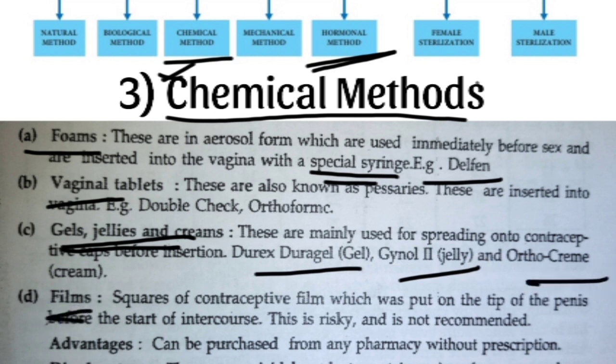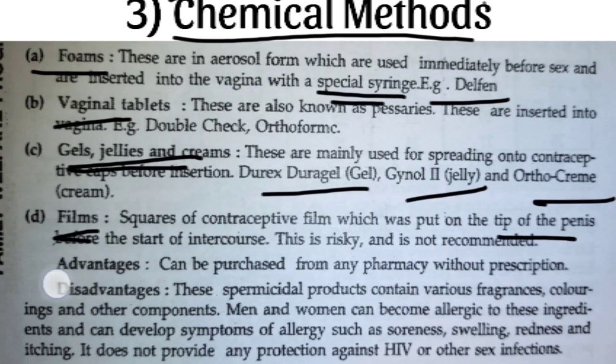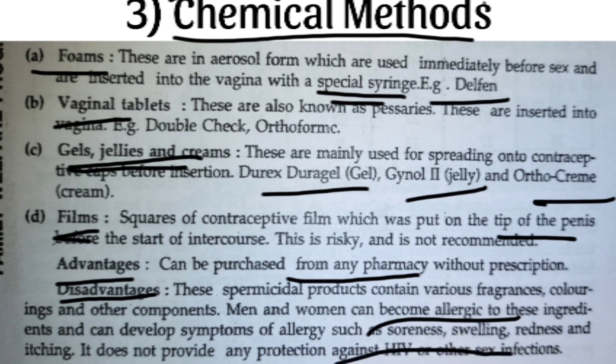These films are paper-like structures. They should be applied on the tip of the penis, and after applying, the couple can have intercourse and will not get pregnant. The advantage of this method is you can purchase it from a pharmacy and no doctor's prescription is needed. The disadvantage is that it has side effects and allergies, and it will not protect you from HIV and sexually transmitted diseases.